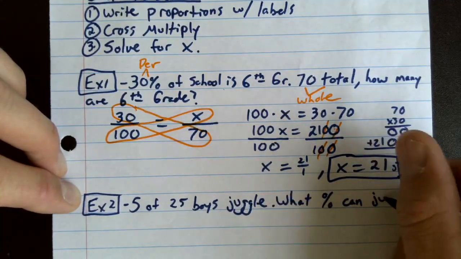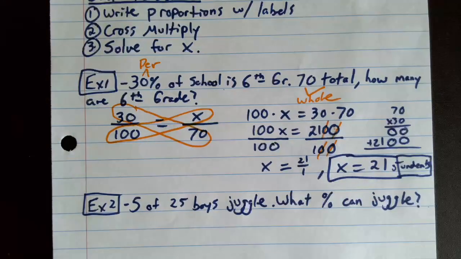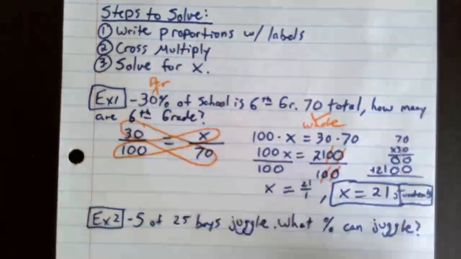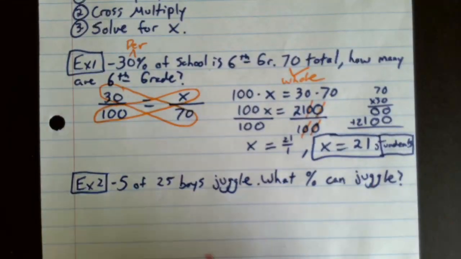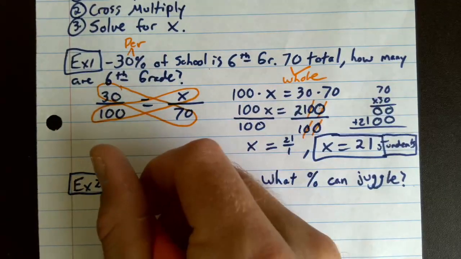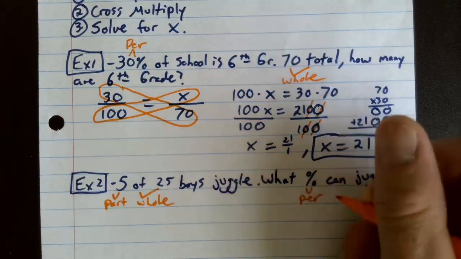What percent of boys can juggle? All right, so just go ahead and jot down your labels, so you are writing proportions with labels. We know that the 5 is your part, 25 is your whole, and you have your percent.